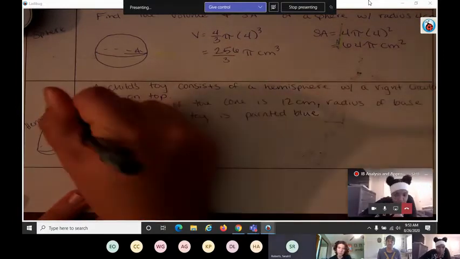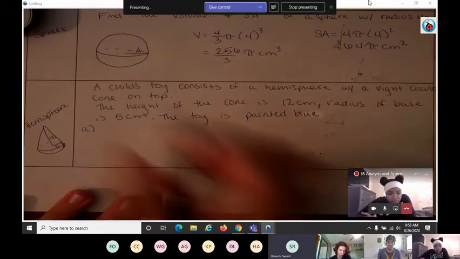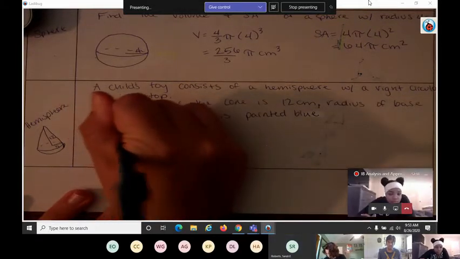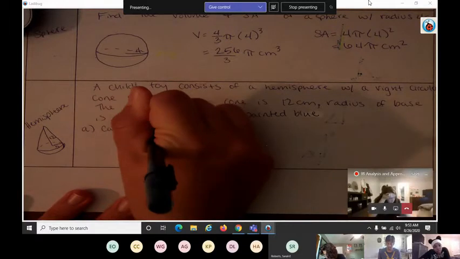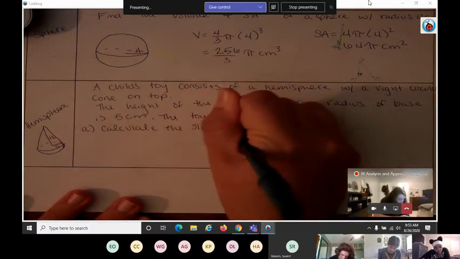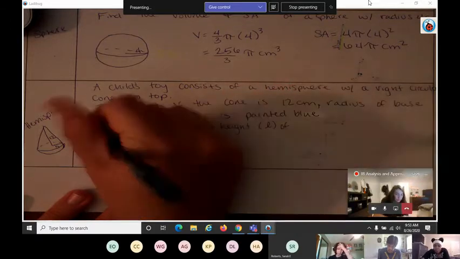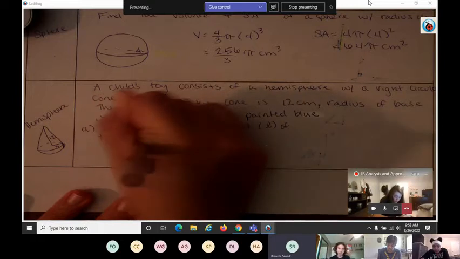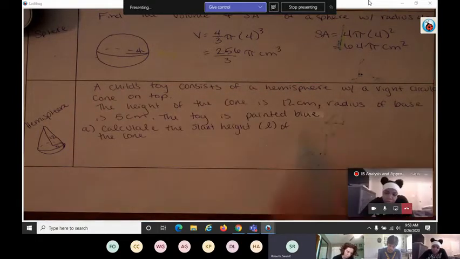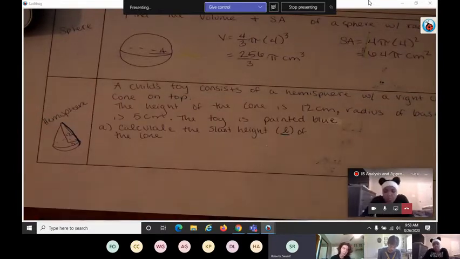Part A asks you to calculate the length L of the slant height of the cone. Okay, so the L that it's talking about is that slanted height on the cone.